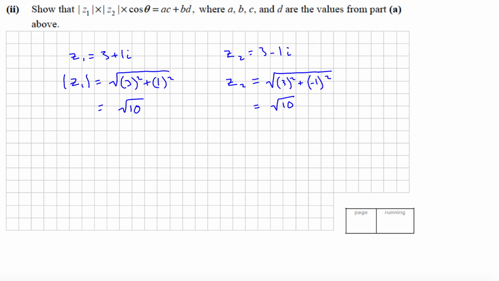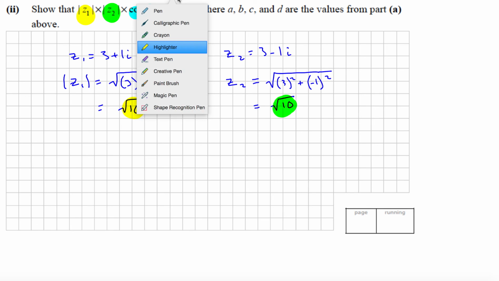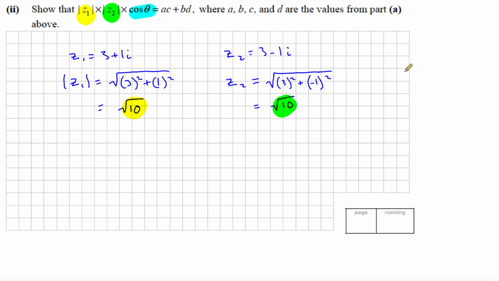So the modulus of z2 is root 10, the modulus of z1 is root 10, and cos theta is 0.8 from the previous part.